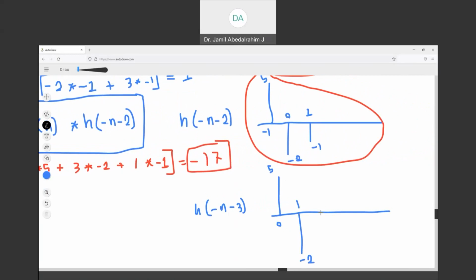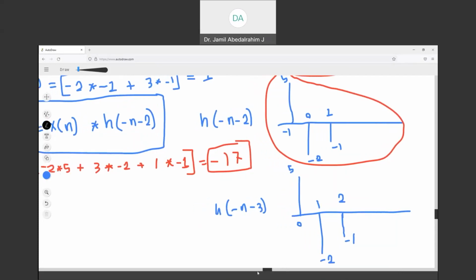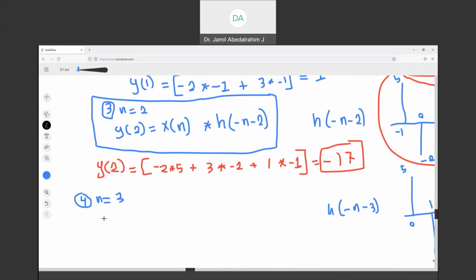And 1 become 2. Okay, so this is our h of negative n minus 3. Now we need to find y of 3.